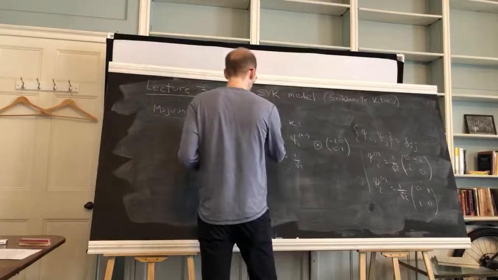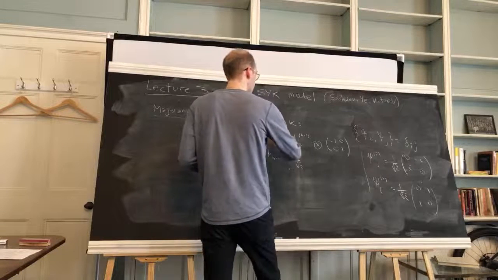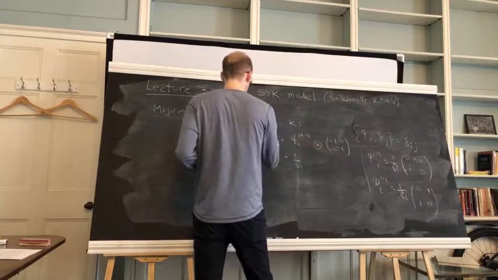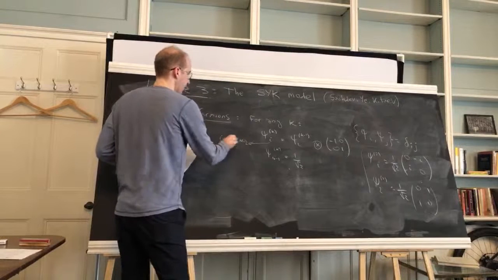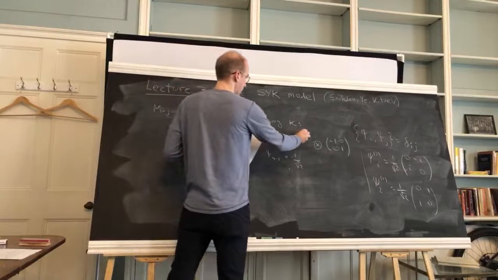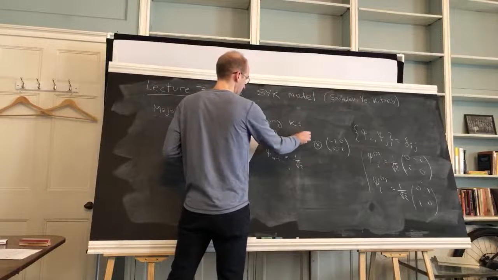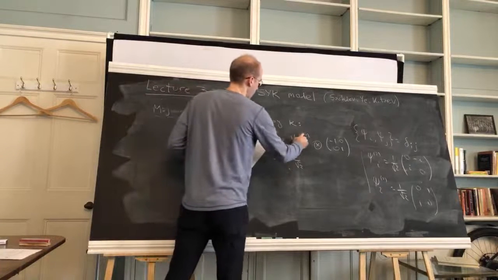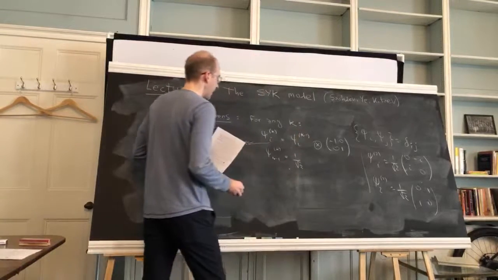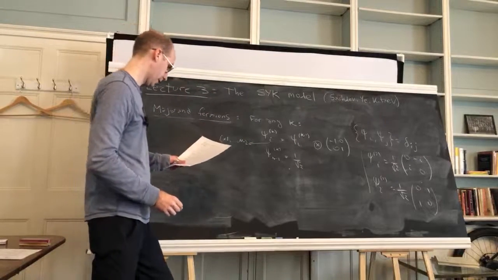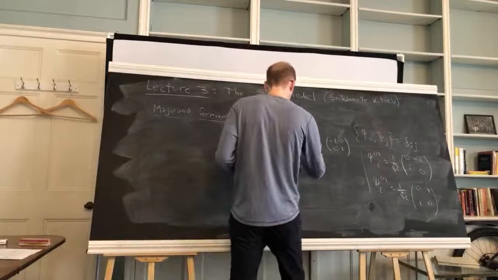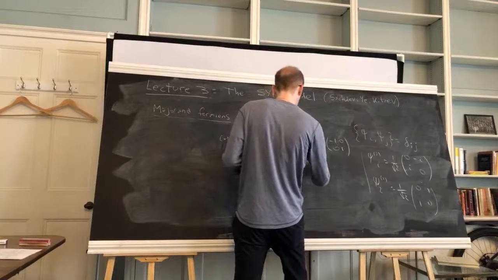I mean, yeah, so i here will go from 1 to n minus 2, and these are all built from the k minus 1 representation. And then I need to add the 2 extra fermions for the k-th level, and this will be given by, so I have here the identity.